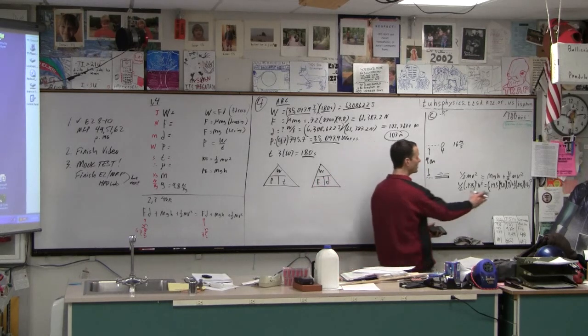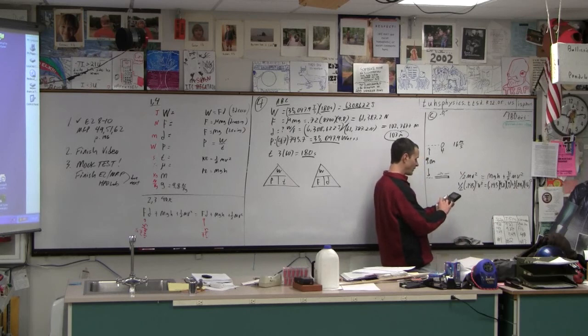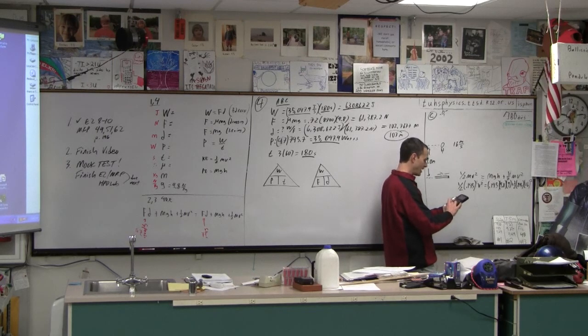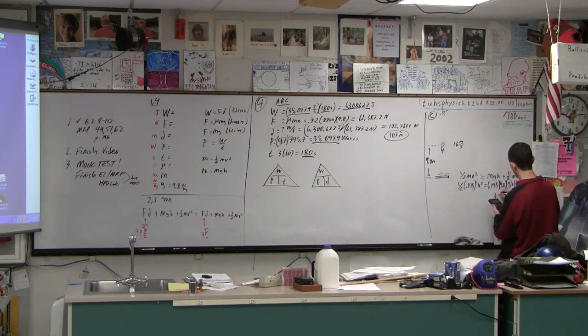So now I'm going to take the calculator and do this whole side here. So 0.145 times 9.8 times 9 plus 0.5 times 0.145 times 16 squared. And this whole side here is 31.349.